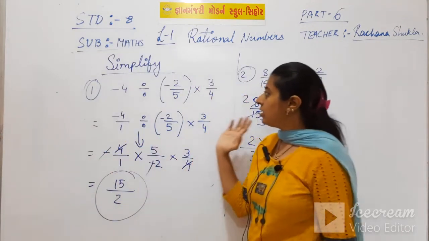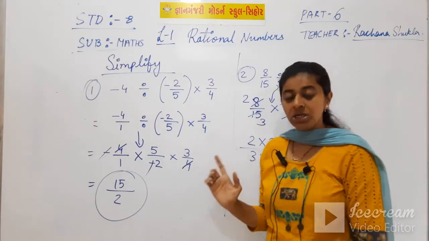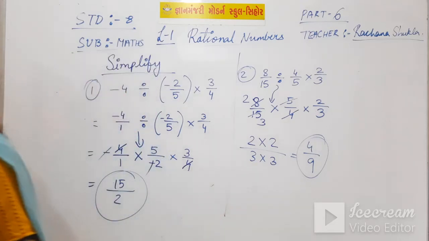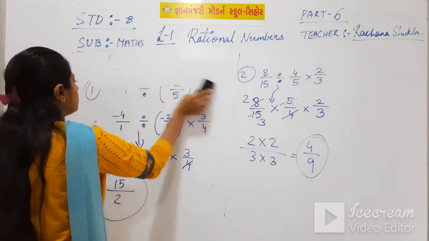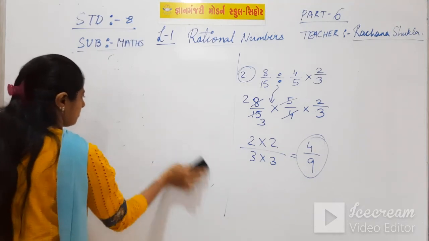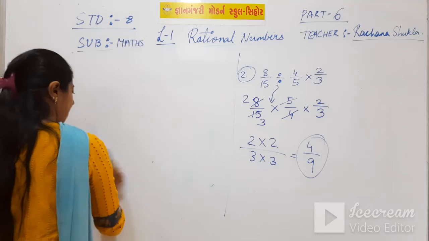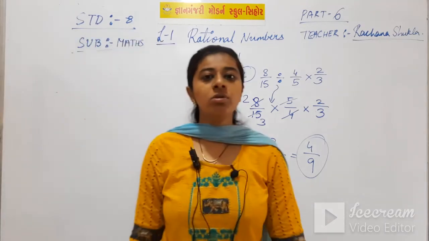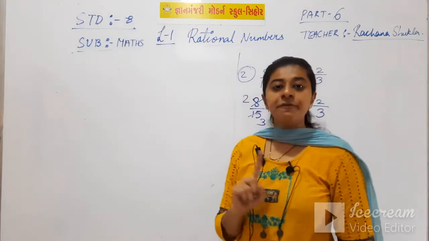Now I am giving you the homework that you have to do in your example book. So note down the homework. In the last part, I gave you the homework up till example 24.